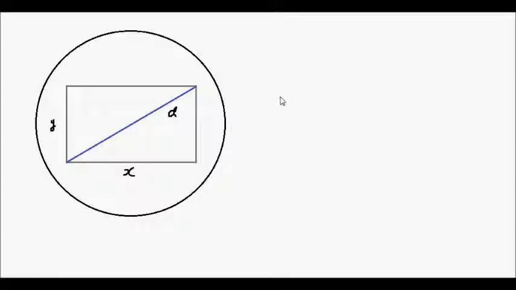From Pythagoras theorem, the relationship between d, x and y is simply d squared is equal to x squared plus y squared, as we have a right-angled triangle bounded by d, x and y.